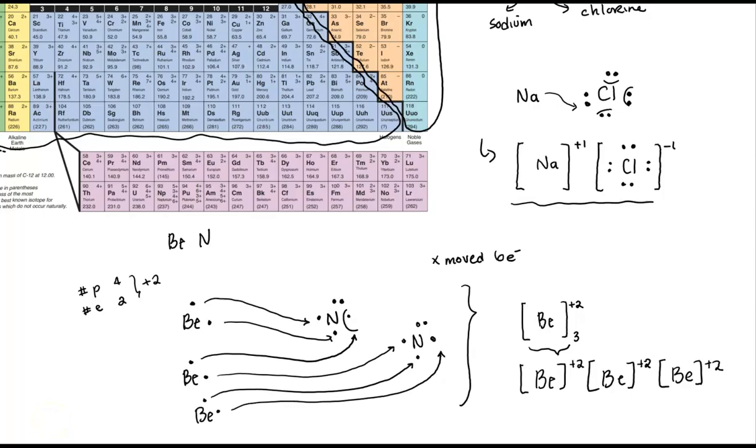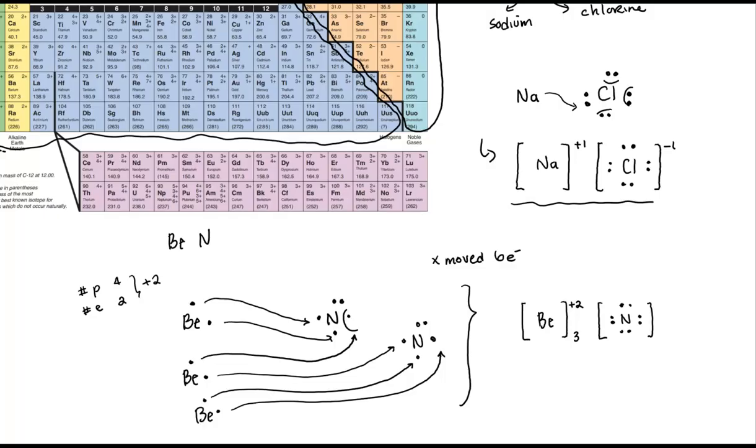So now we need to take care of the nitrogens. Let's clean up and take away these guys at the bottom to make it a little bit cleaner. All right, so nitrogen. Remember, we need to include all the little electrons to show it has a full octet.